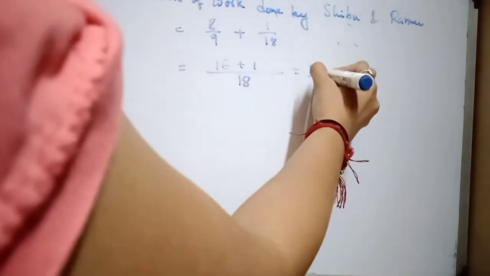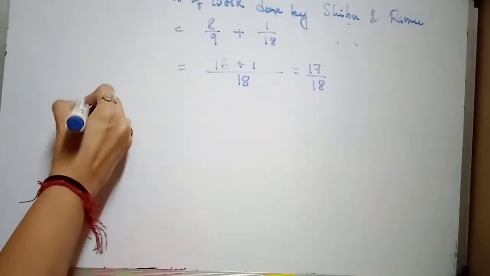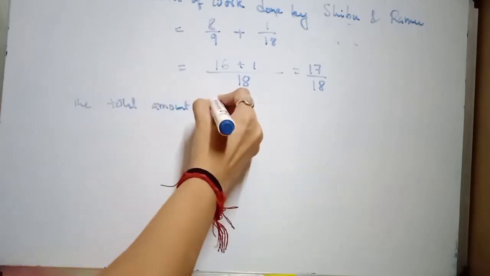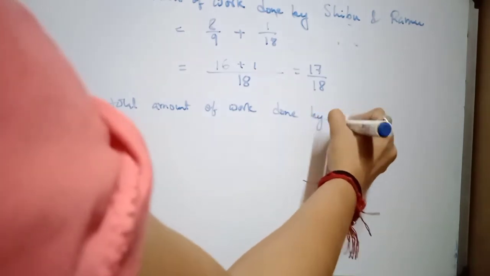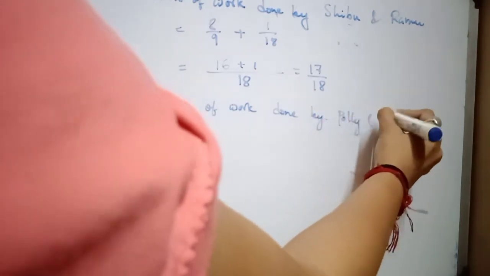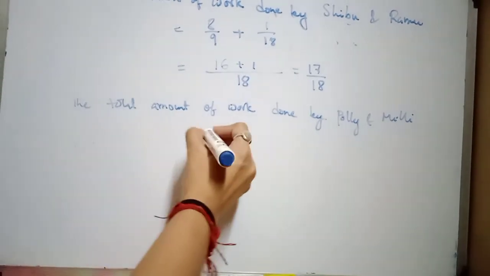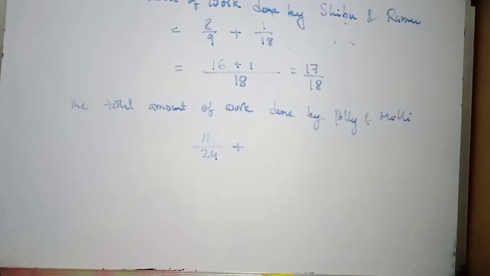This part of work is done on the first day. So on the second day, the total amount of work done by Polly and Millie is 11 by 24 plus 1/6.